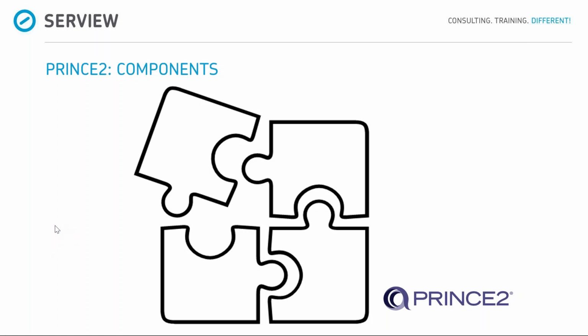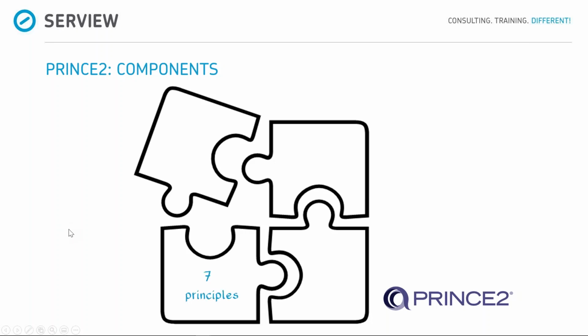And it definitely is a project management method that will help you even as a not so seasoned project manager. So if you're just starting out, PRINCE2 will just take you by the hand and lead you through the project, you could say, tell you what to do. It comes with 4 different pieces. As you can see here, there are puzzle pieces on the slide.